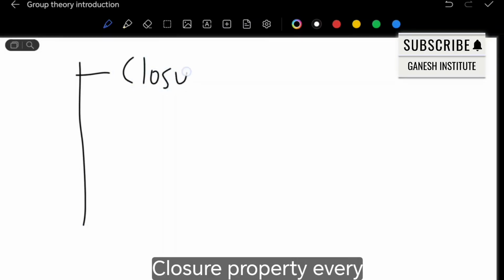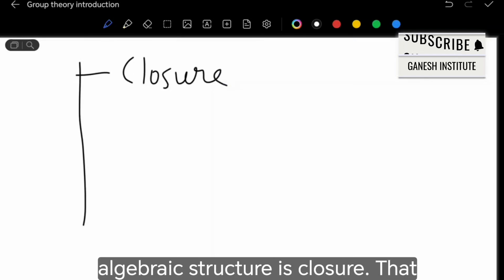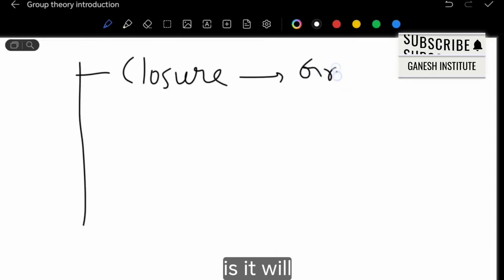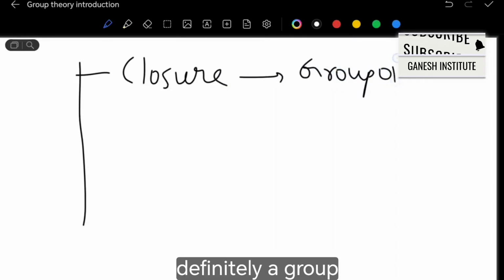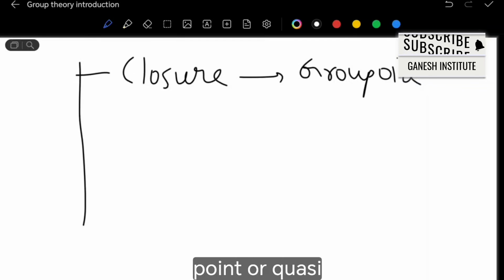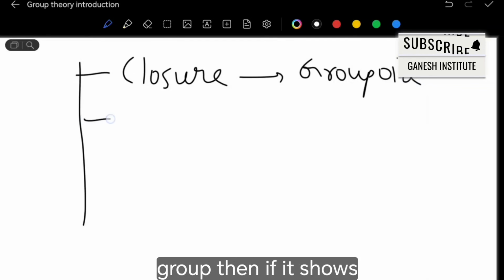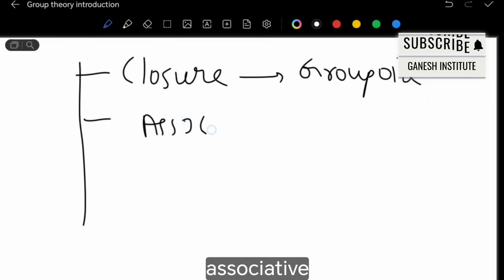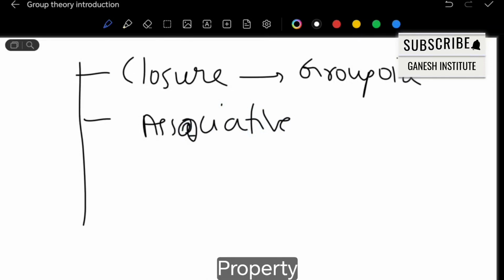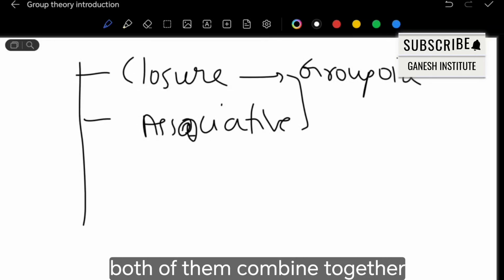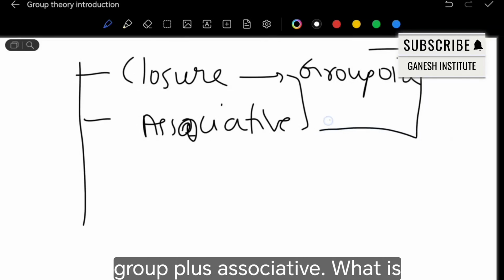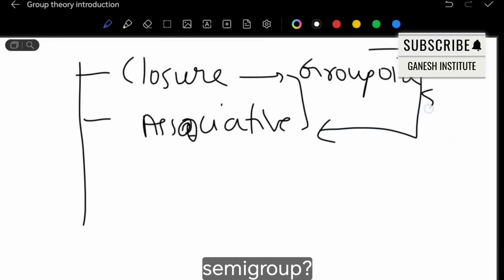Closure property. Every algebraic structure that is closed is definitely a groupoid or quasi-group. Then if it shows associative property, both of them combined together, groupoid plus associative, what is it? Semigroup.